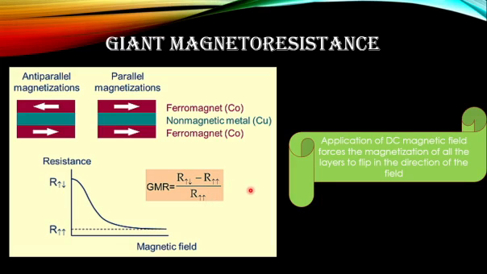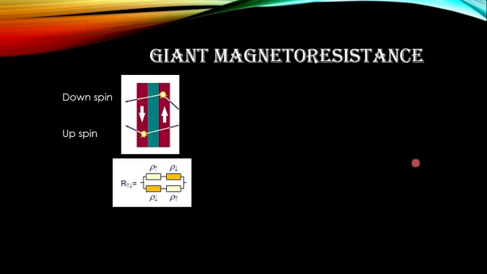Okay, so the application of a DC magnetic field forces the magnetization of all the layers to flip in the direction of the field. So as we just mentioned, for a downspin, it will experience reflection only at the next layer, while in the case of upspin, it is experiencing scattering at the first layer itself, but it is safely moved through across the second non-magnetic and magnetic layers.